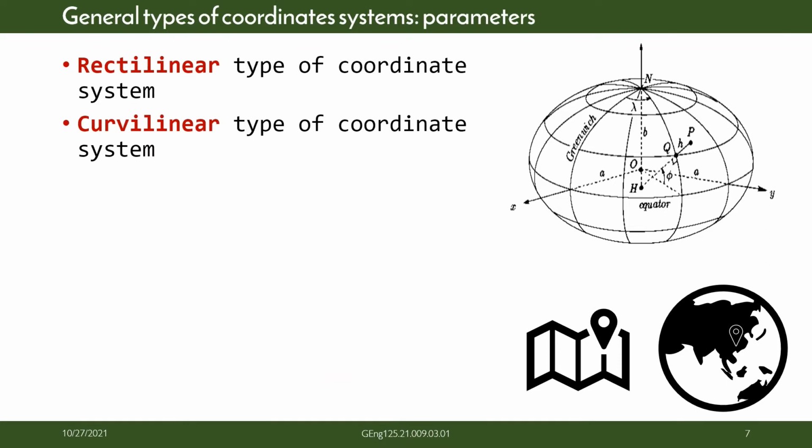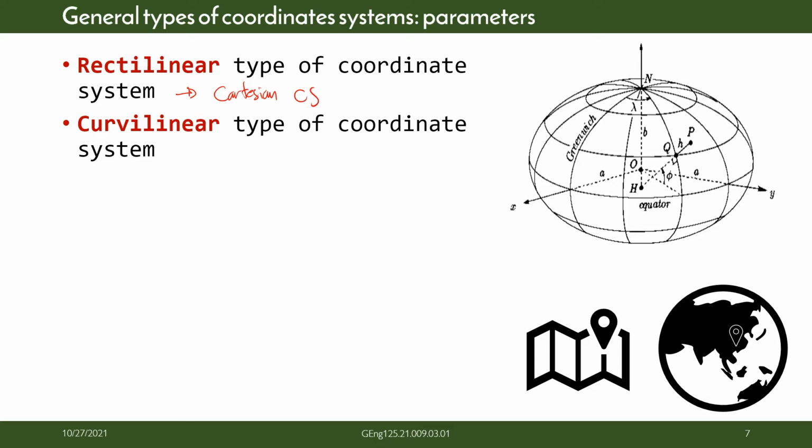So we have two general types of coordinate systems. First we have the rectilinear type of coordinate system, and we have the curvilinear type. When we say rectilinear, they are orthogonal, straight lines. A common example for this is the Cartesian coordinate system.